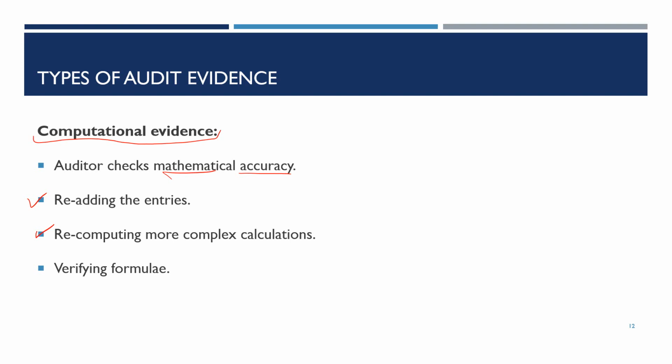When conducting complex recomputations, the auditor agrees the amounts included in the calculation to externally prepared documentary evidence where available, as well as checking that the formulas used are applied appropriately.